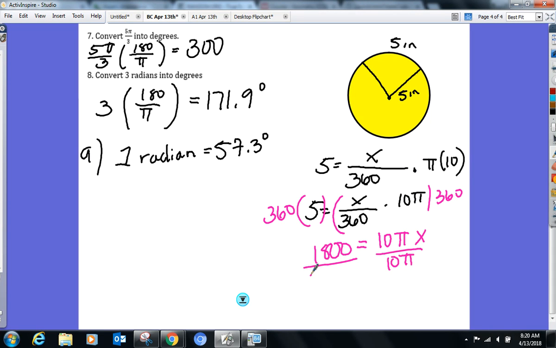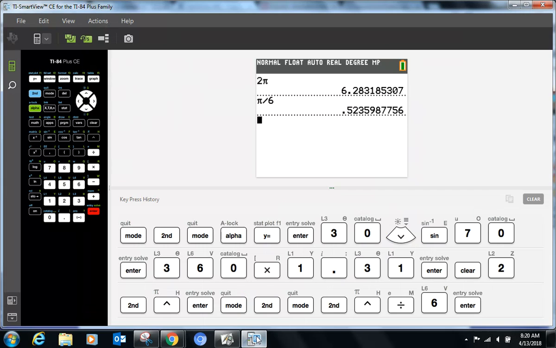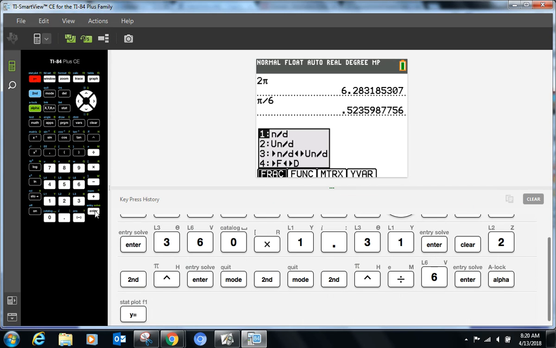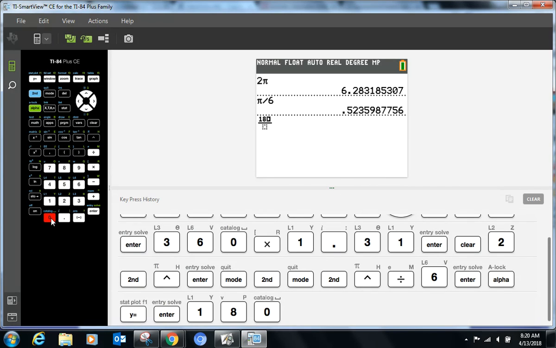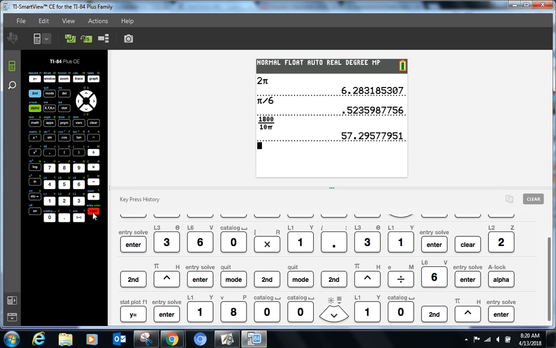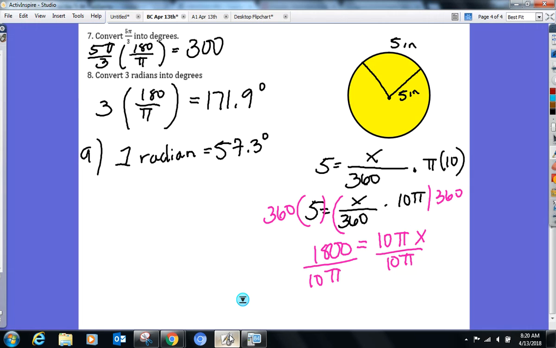I'll do it up here on the big screen for the big reveal. Oh, 57.3 degrees. Okay, that's how 1 radian. When the arc length matches the radius, 1 radian, which we just found out was 57.3 degrees, 2 different ways.